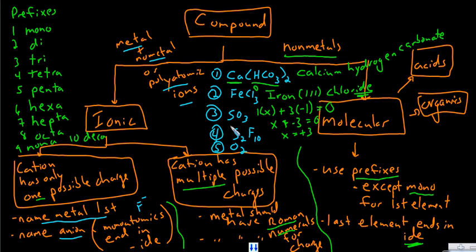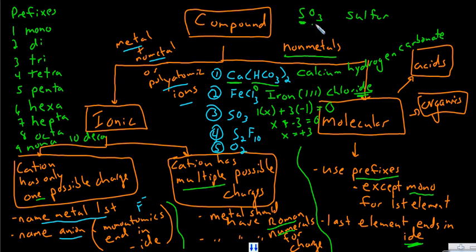Okay, so let's go ahead and try to name SO3. SO3, well, that is going to have us naming just first the sulfur here. Of course, because there's only one of this leftmost element, this first element, I do not need to say mono. And so I'll just call it sulfur.